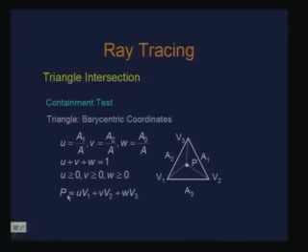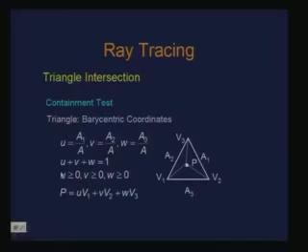So, how does it help in the containment test? If there exist such u, v, w, we basically have to compute the u, v, w from the point and figure out whether these conditions are satisfied.